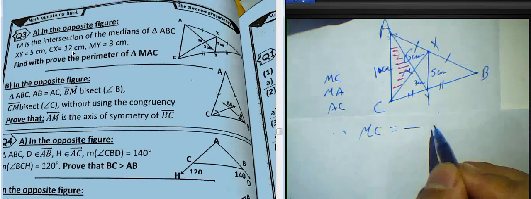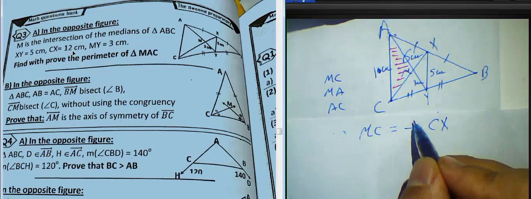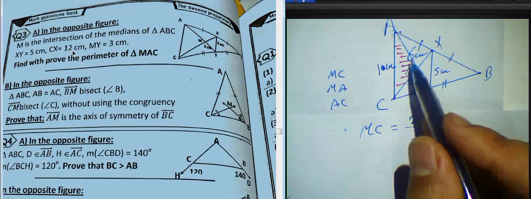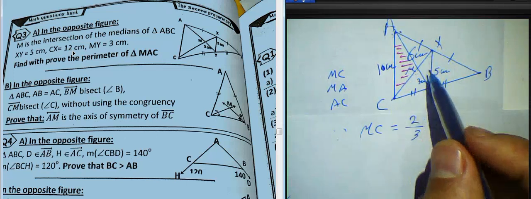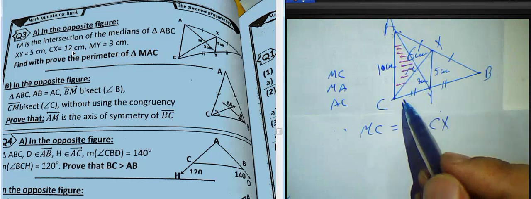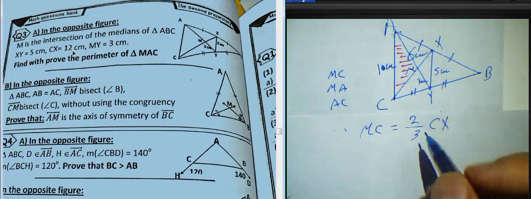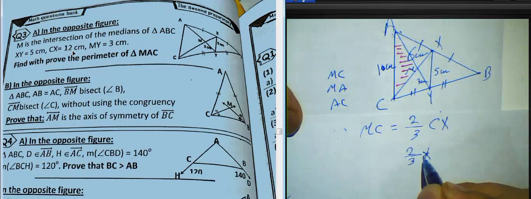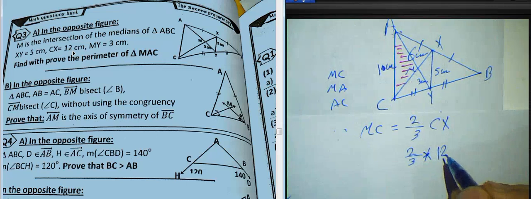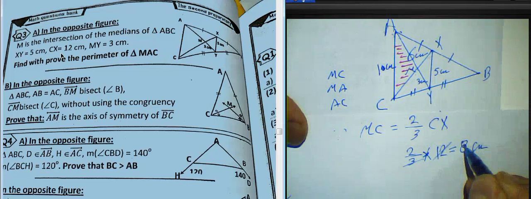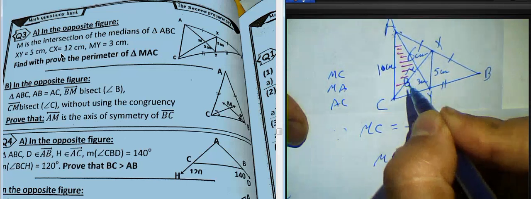It will be 2 over 3 of CX, because M is the intersection point of the medians. So CM equals 2 over 3 of CX. CX equals 12, then 12 divided by 3 equals 4, and 4 times 2 equals 8. So MC will be 8 centimeters.